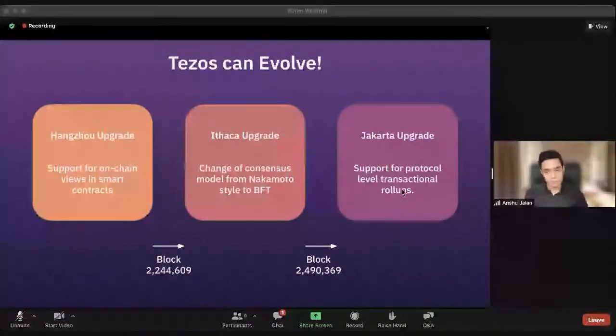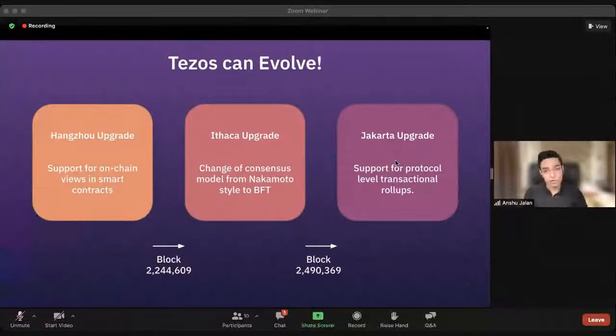On Ethereum, if you're already aware of the rollup environment, you would know that they are basically companies like Optimism and Arbitrum who make their own rollup environment. But in the case of Tezos, it's built into the protocol itself. So we don't need a third party to come and give us a rollup environment. It's provided by the protocol itself.